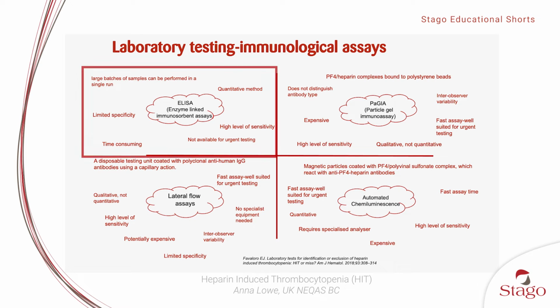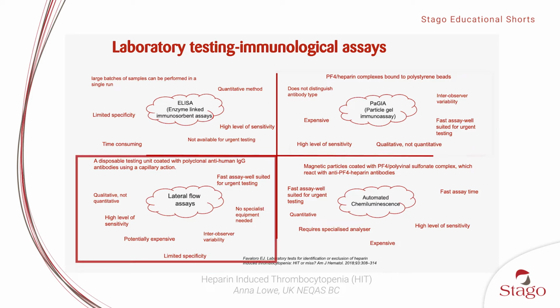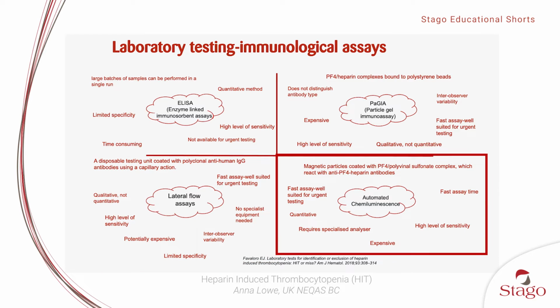We've got the ELISA or enzyme-linked immunosorbent assays, the particle gel immunoassays, lateral flow assays and automated chemiluminescent ones. They've all got their disadvantages and advantages. So for instance, the ELISA method and the lateral flow assays have a high level of sensitivity, whereas the particle gel immunoassays and the automated chemiluminescent are very fast and can be used throughout urgent testing for the patient.